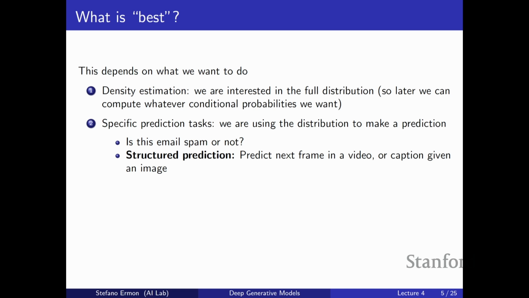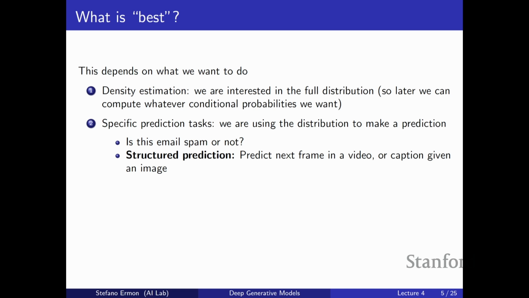Or if you know that you just care about captioning an image or generating images given captions, then maybe you don't need to learn a joint distribution between images and captions. You just need to learn the conditional distribution of what you're trying to predict given what you have access to at test time.